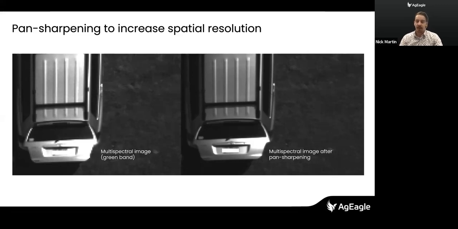Pansharpening is an image processing technique which combines a high resolution panchromatic image with a multispectral image of lower resolution to improve the overall image's resolution, kind of merging information to create a much sharper image. Pansharpening is useful to create very high resolution RGB composite maps and also high resolution agricultural indices like NDVI and NDRE.